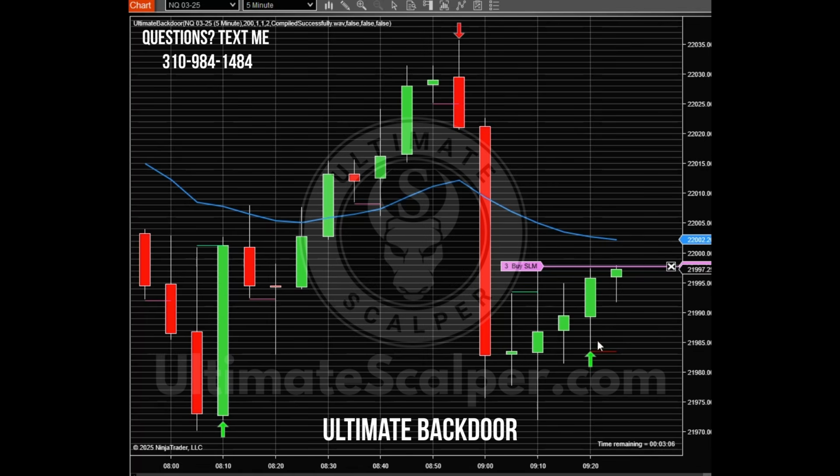Made just a little bit on the small arrow breakout of the previous. Now breakout of the signal candle. Let's see if it can make it up to this blue line.